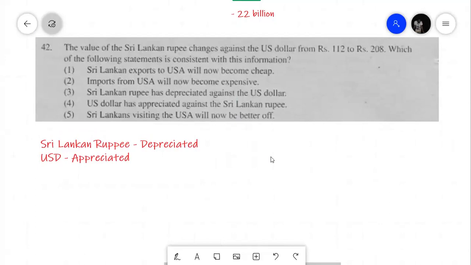Then think of this. Which of the following statements is correct? Sri Lankan exports to USA will now become cheap. The value of Sri Lankan rupee against US dollar.